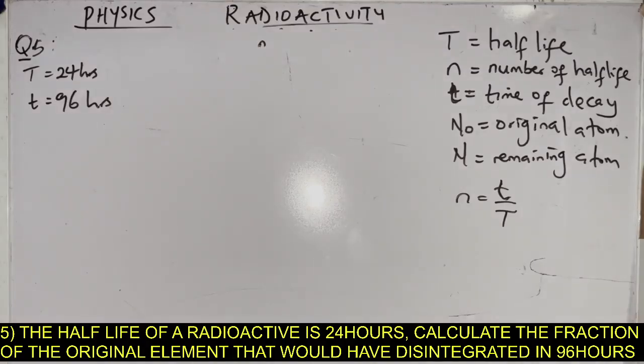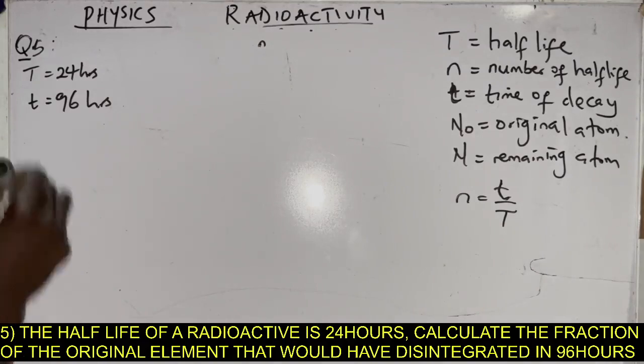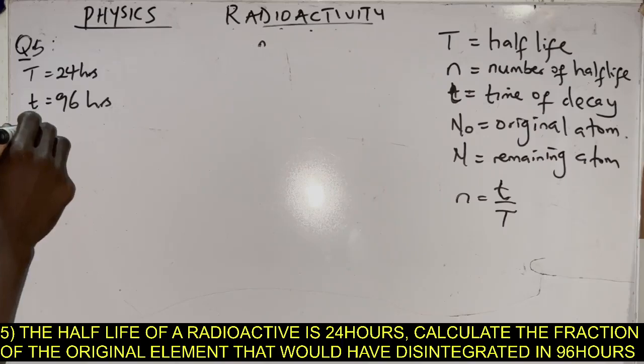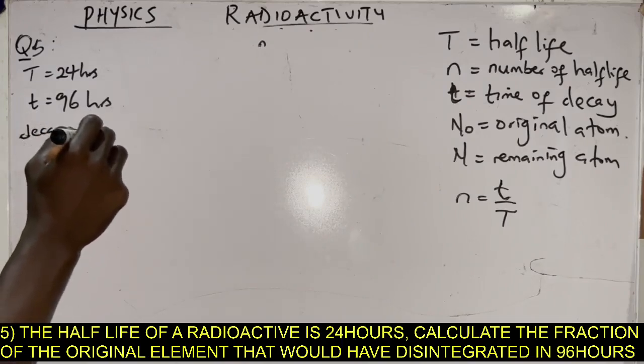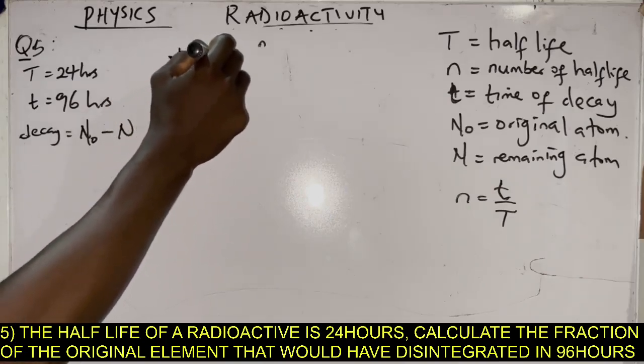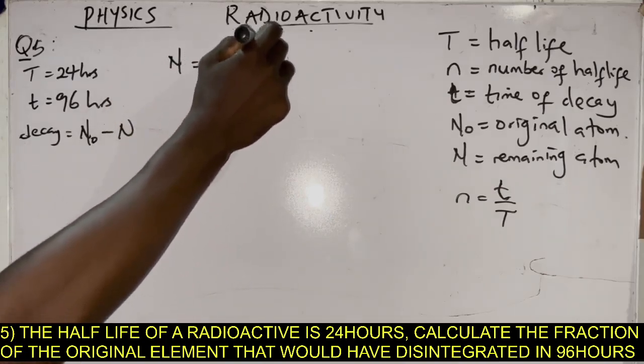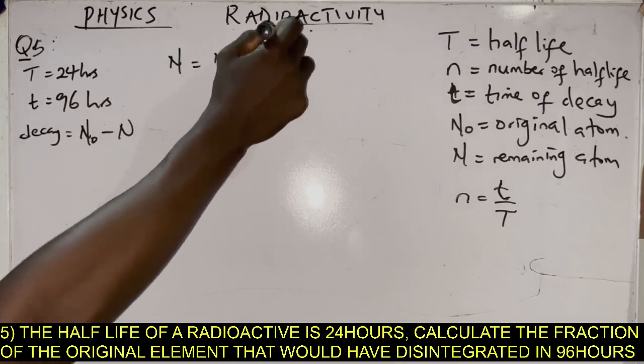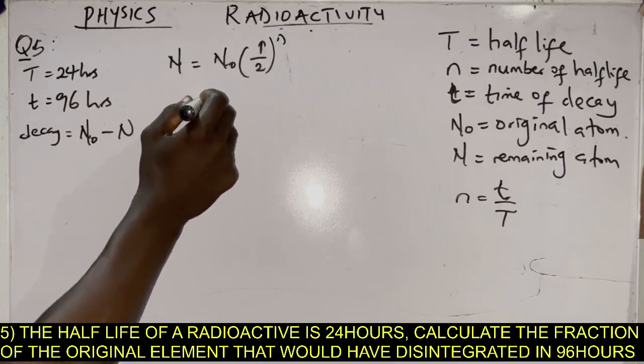They're asking you for the fraction that would have disintegrated. Like we said, disintegrate simply means lost, or decayed. So we're looking for the fraction that has disintegrated. That's decay. And decay is original minus remaining. What is your remaining? Original times 1 over 2 raised to power n.